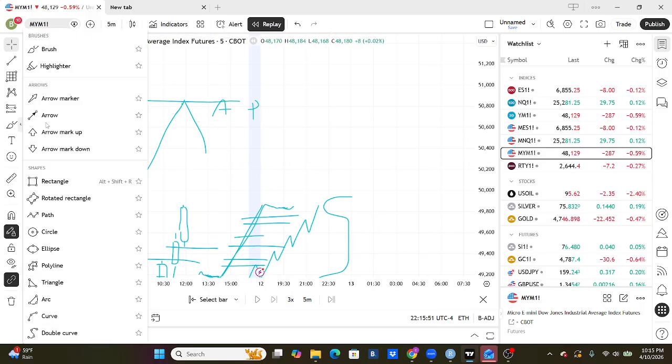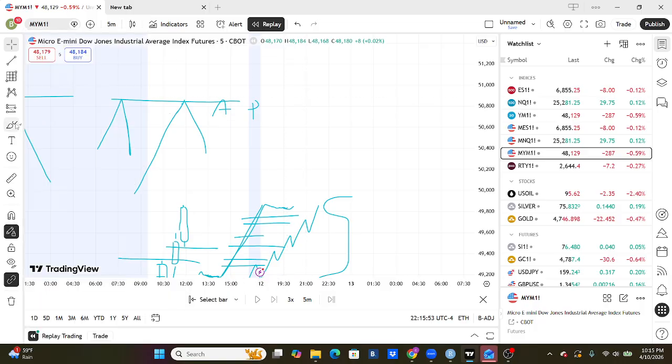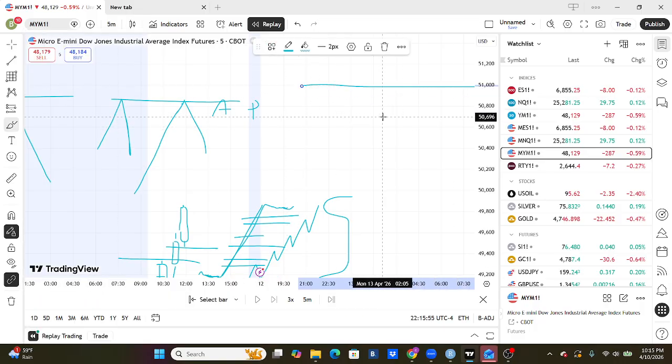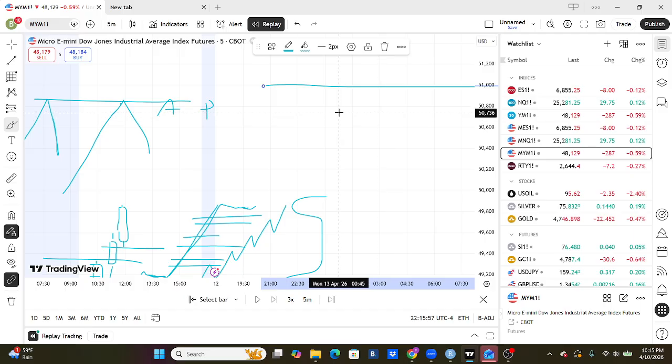What's another thing we can look for when we hit a high? This would be trapped buyers and sellers. This is important because let's say you come up and hit a high, and you kind of go back down.